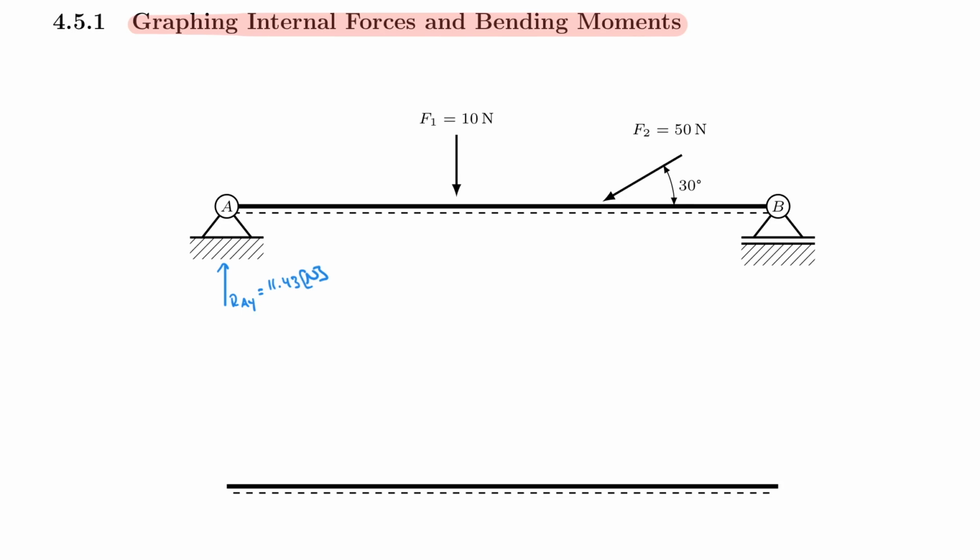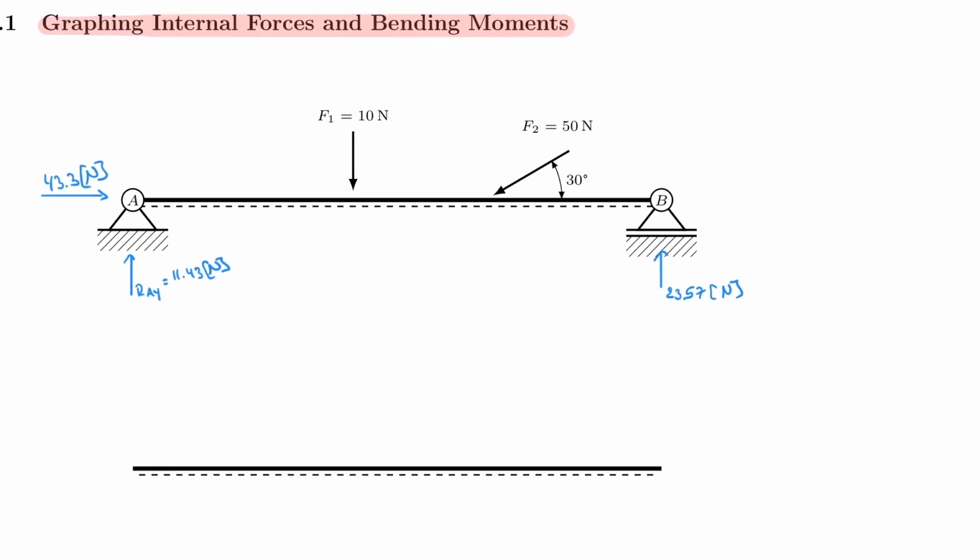We also calculated the value for the horizontal support reaction, which we determined to push to the right with 43.3 Newton. And last but not least, we have support reaction B, which was determined with 23.57, and that was, of course, also in Newton.